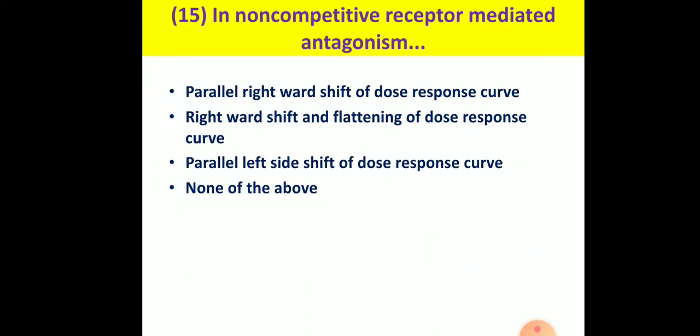Now in non-competitive receptor mediated antagonism, what will happen? Here you have to understand that whenever there is antagonism there is a rightward shift, okay, but in non-competitive antagonism, even if you increase the concentration of the agonist, you cannot surmount this antagonism, and that's why the effect is reduced, but flattening of the dose response curve.